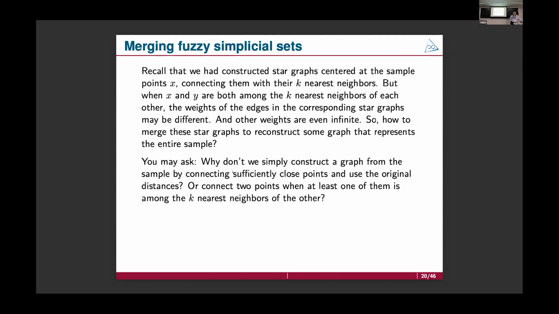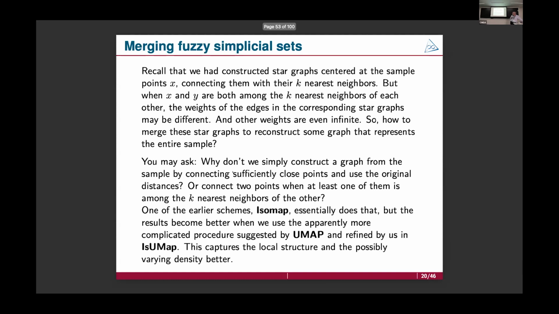There's a question that you have asked already, which was very good. Why don't we simply construct a graph from the sample by connecting sufficiently close points and use the original distances? Or we connect two points when at least one of them is among the k-nearest neighbors of the other.